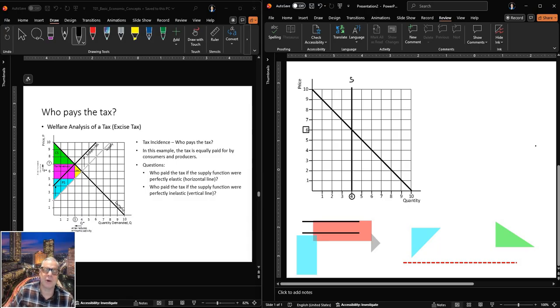So think about it this way. If at the price of 6, quantity demanded is 4, then the total revenue is price times quantity, 6 times 4, which is 24. Okay.